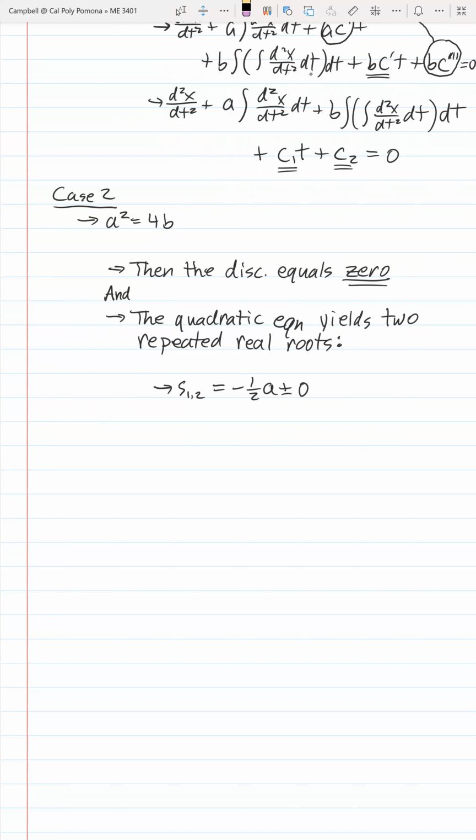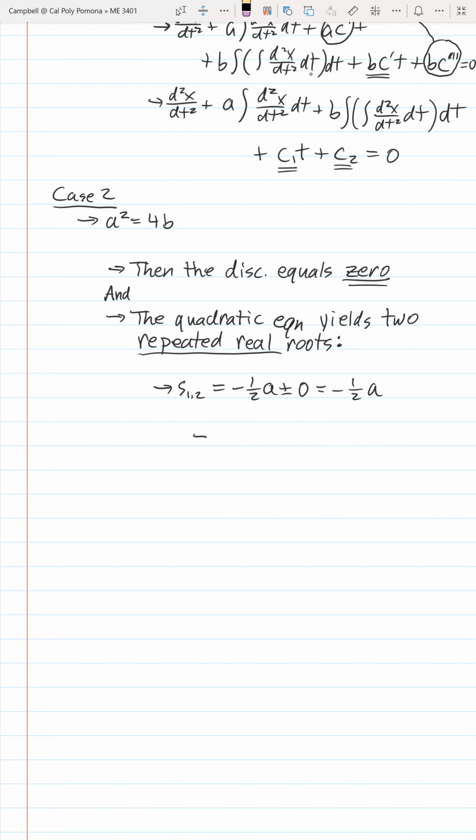And of course, we're assuming that's 0. So that means that our roots are just -1/2 times a for both S1 and S2, indicating that we're dealing with repeated roots. Remember, we're assuming a is real and constant. And so we end up with repeated real roots for that particular characteristic equation.